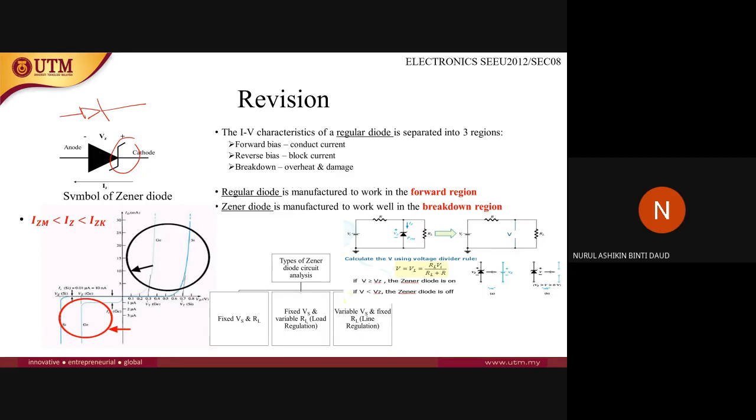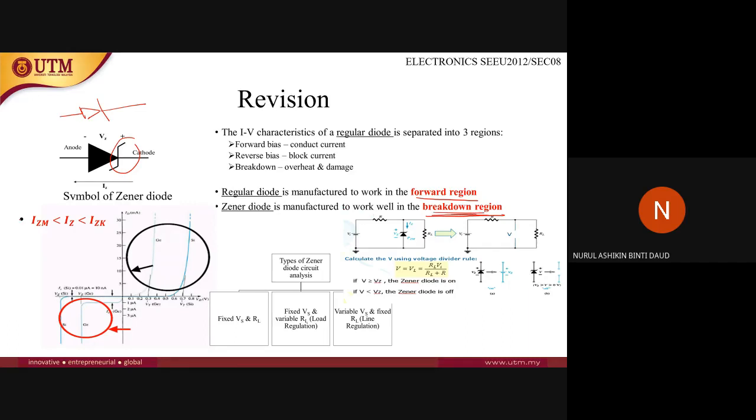The Zener diode is different from a normal diode, since it's manufactured to work in the breakdown region. A regular diode works in the forward region, but a Zener diode specifically works in the breakdown region.